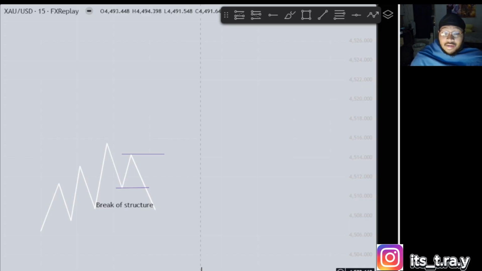And that line right there where it broke that higher low is where the break of structure was. Because if it was still going in an uptrend, the next low formed would still be above that higher low. But as you can see, we broke down past it and the new low is being formed lower than it. That is what is called a break of structure.